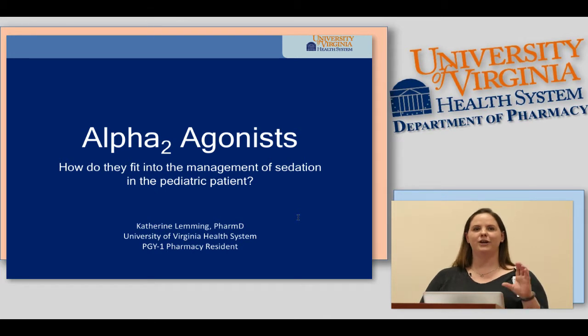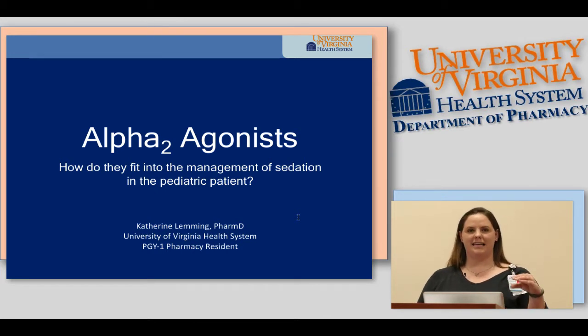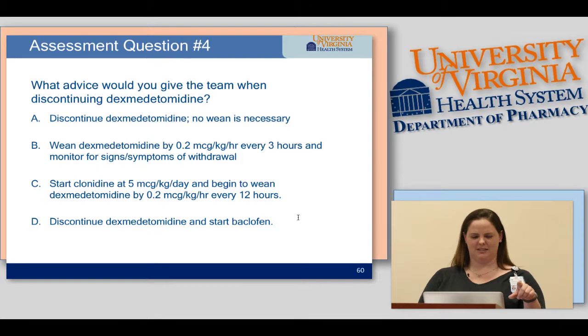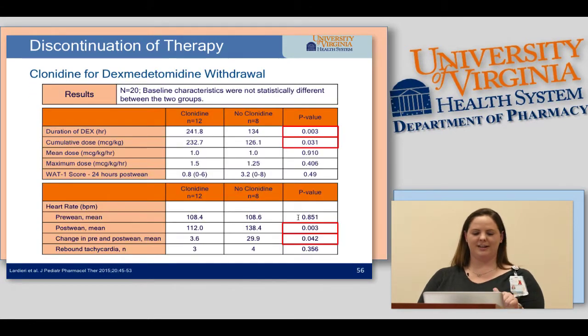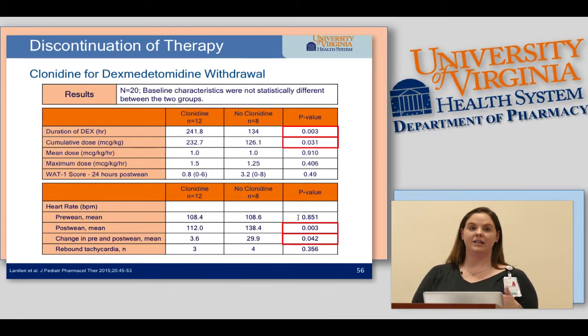So I think that's why the duration and the cumulative dose were both higher. Also, one thing that the authors mentioned is that the patients that ended up receiving clonidine, and the reasons why the attending decided to use clonidine in these groups, was because they had been on it for a longer period of time, so they were more concerned with the withdrawal symptoms occurring.